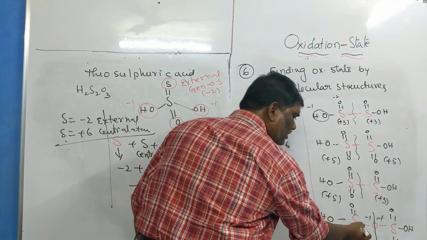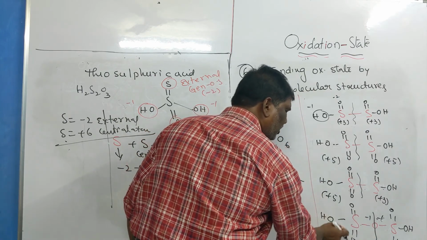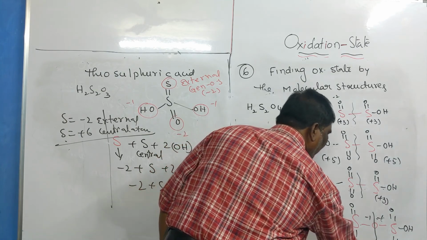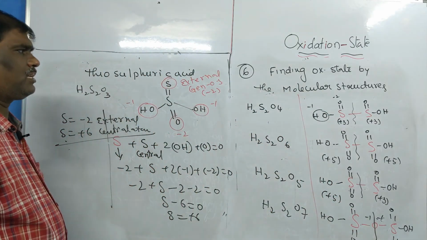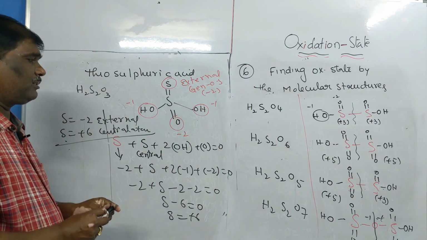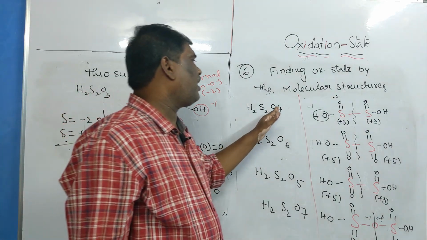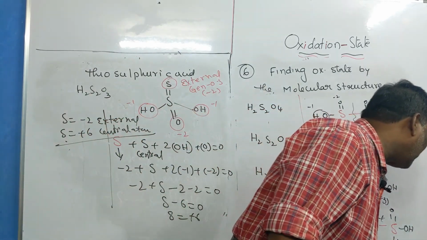Now here we take it into consideration because these two are unlike atoms. 1, 2, 3, 4, 5, 6, +6, and here is +6. Or you make the calculation and you will get the oxidation states. These are the methods for calculating the oxidation states of atoms by the knowledge of their molecular structures.